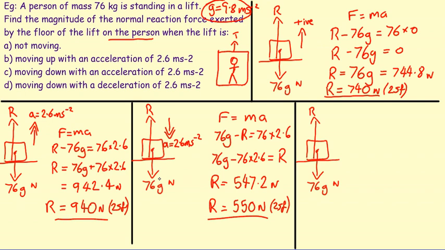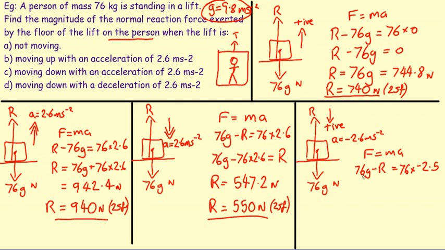Finally, we are moving downwards, so I'm going to take downwards as my positive direction, but we are decelerating. So acceleration is now negative 2.6 meters per second squared. So again, F equals ma, same equation as before, 76g minus R equals, but this time 76 times minus 2.6.